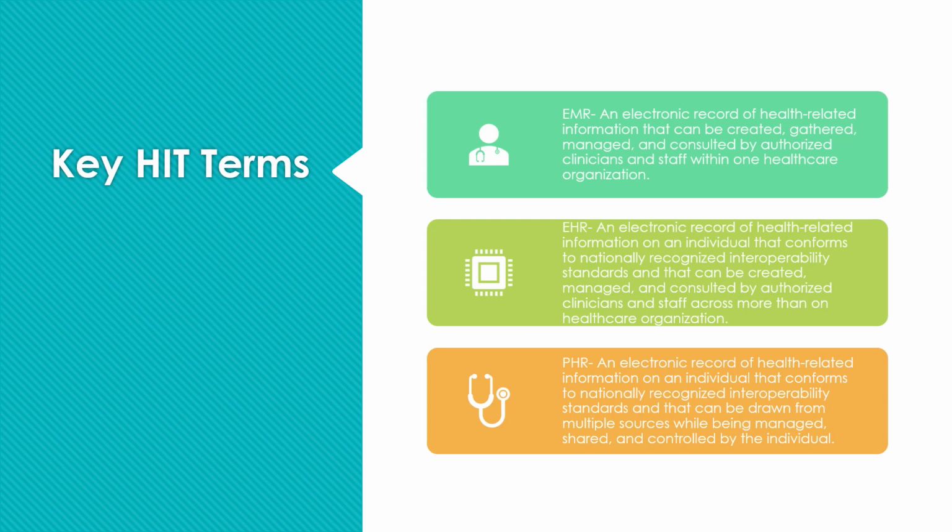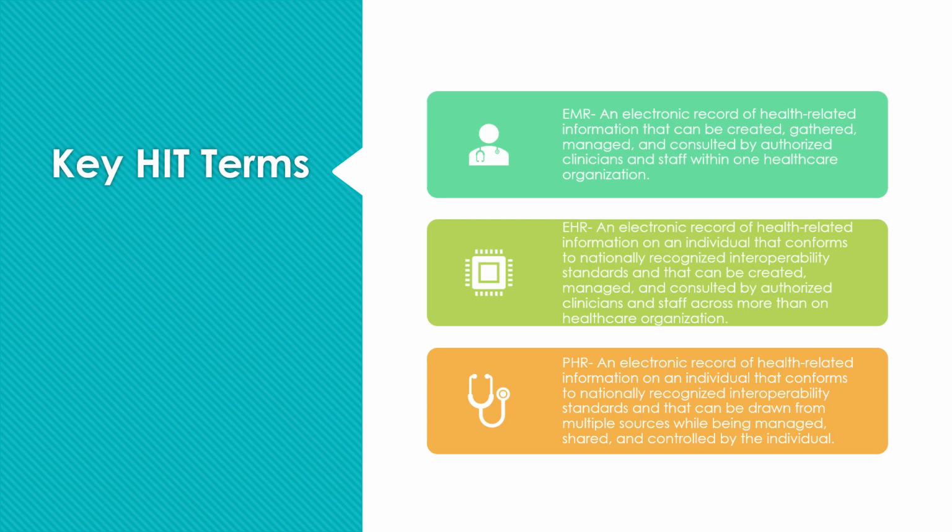It's an electronic record of health-related information on an individual that conforms to nationally recognized interoperability standards and that can be created, managed, and consulted by authorized clinicians or other healthcare providers and staff across more than one healthcare organization.